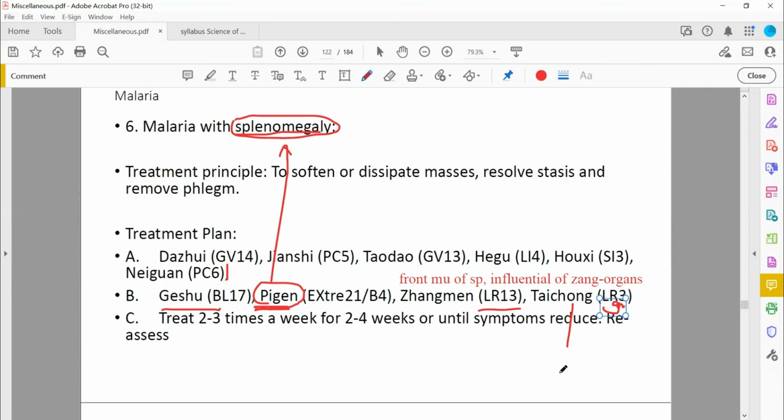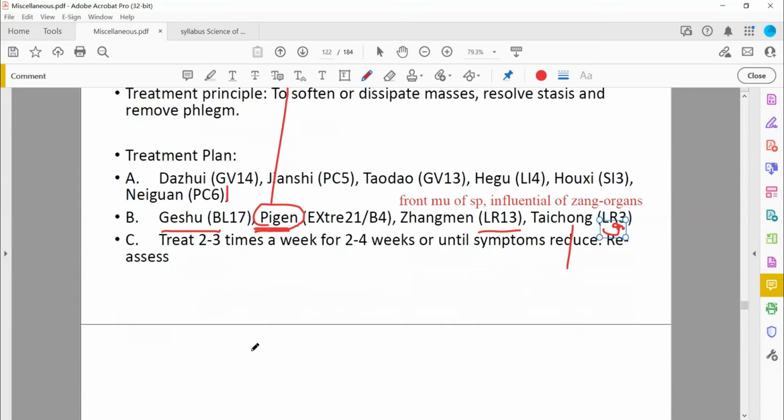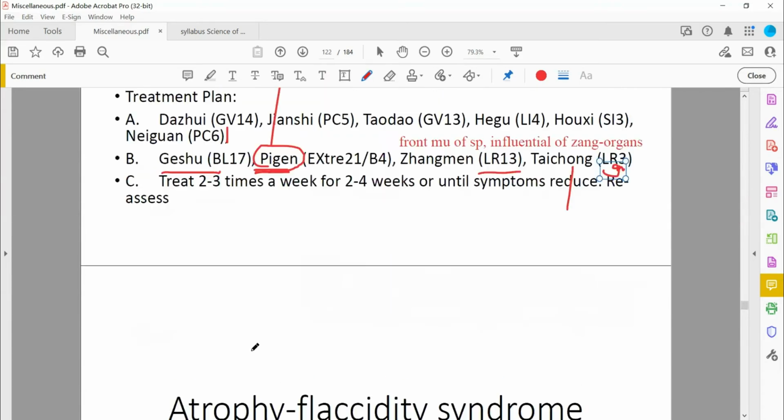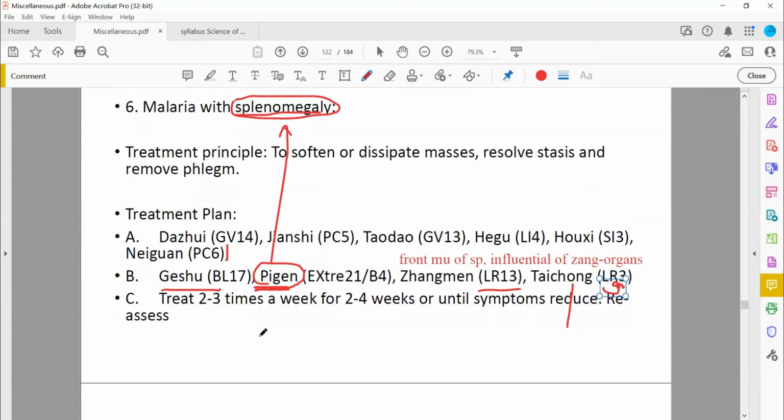And we circulate the qi to remove the phlegm. Okay, so that's this prescription. So let's take a break and then we come back at 9 o'clock.